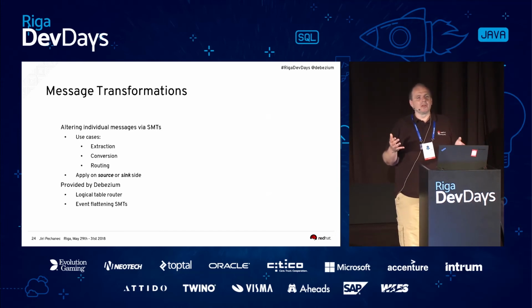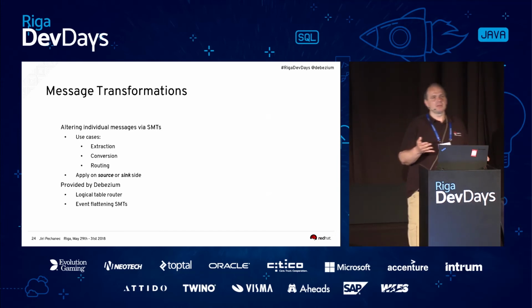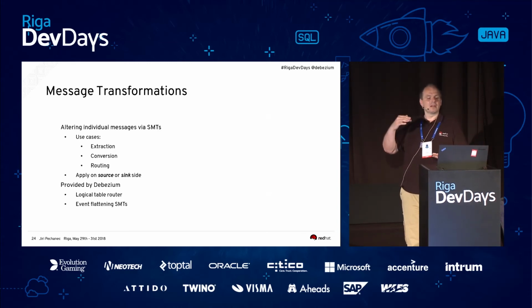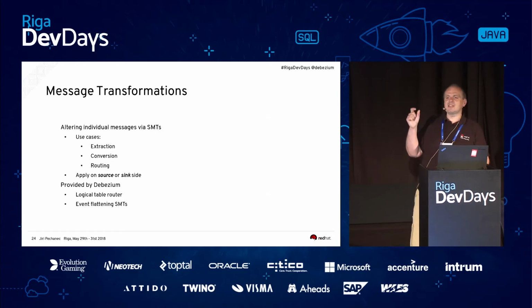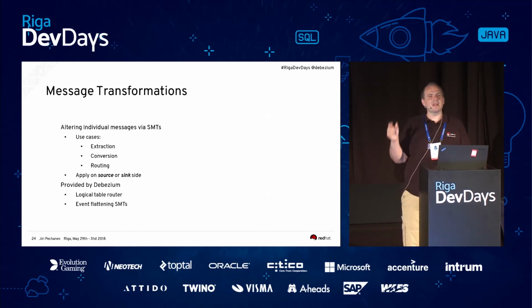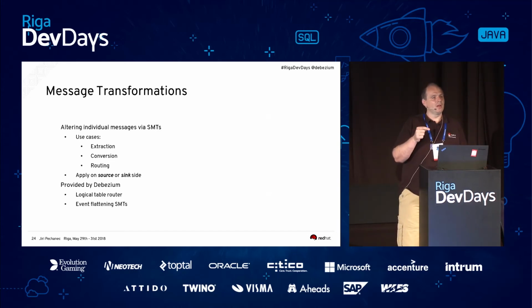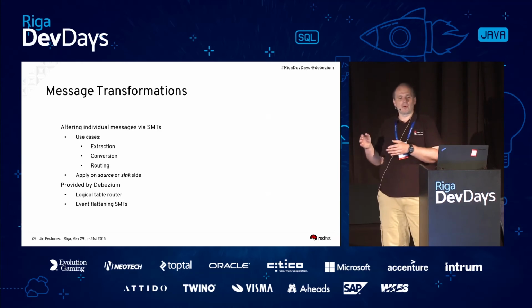For this, you can use Kafka Streams framework, or Kafka provides a simplified version, so-called SMT, single message transform. That's a piece of Java code that is applied on every message that comes to Kafka or is coming out from the Kafka.